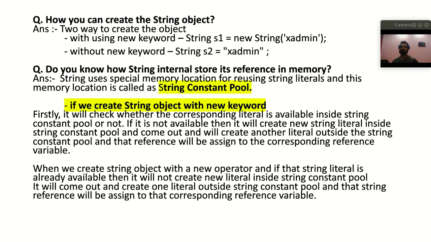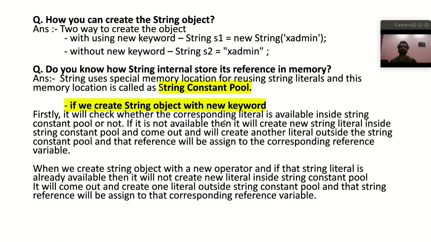First we are going to see, if we create the string object with the help of the new keyword, what internal processes go on to store that particular reference variable in the heap memory. If we create a string object with a new keyword, then first the JVM will check whether the corresponding literal is available inside the string constant pool or not.